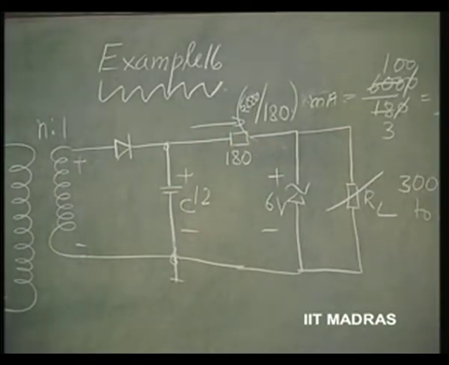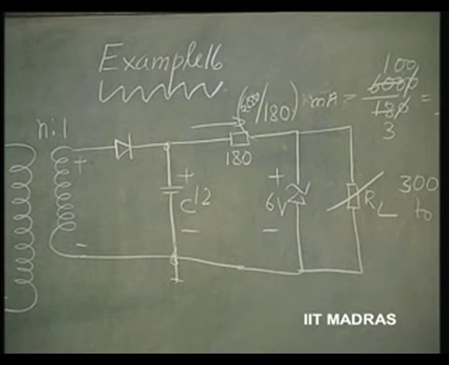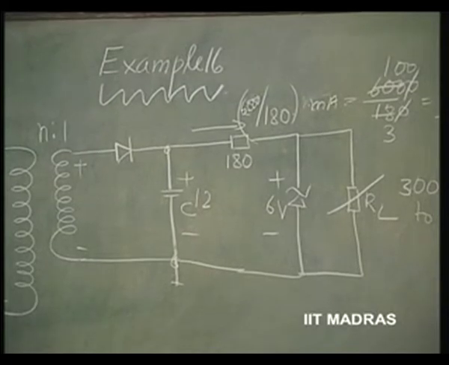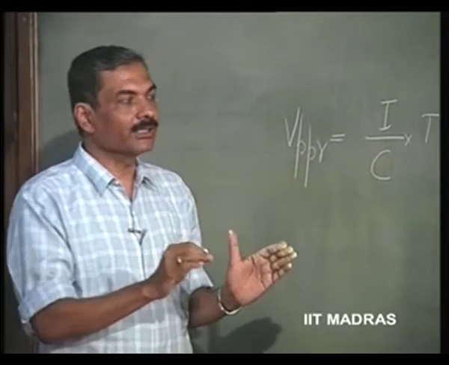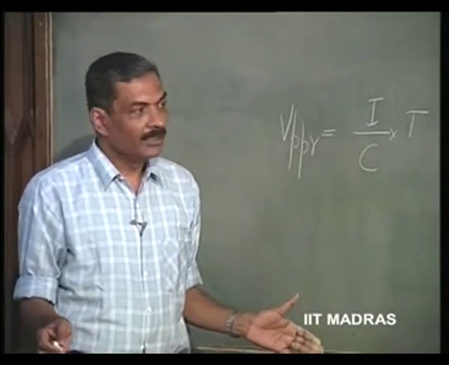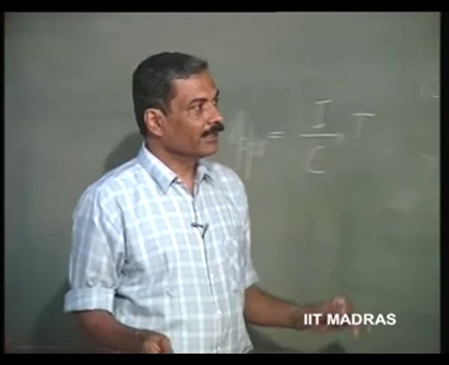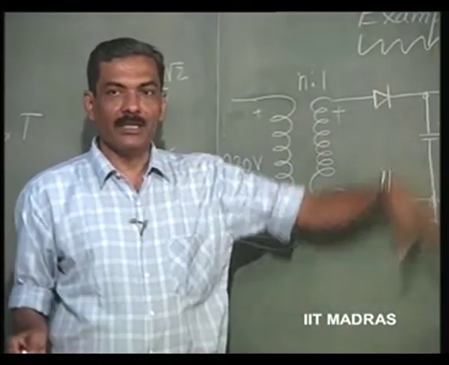So, this is the difference in design of a circuit with Zener regulator as compared to a circuit without any regulator. In the case of a circuit without regulator, the current is going to be voltage divided by the resistance.